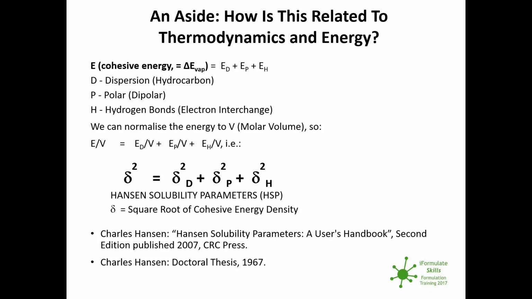We simply then normalize that energy to the molecular volume to derive the Hansen parameters. So the Hansen parameters are simply the square root of the cohesive energy density, and so they'll have the appropriate units for that. Any more detail on that is probably best found in the references to Hansen's original work that we've provided on this slide here.